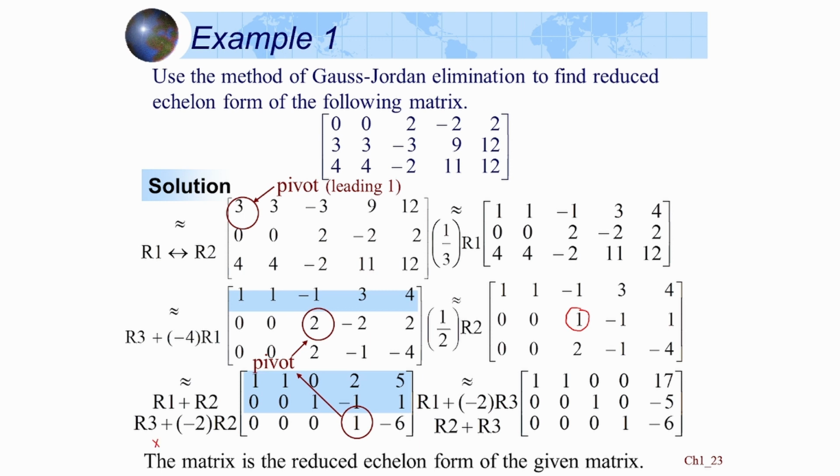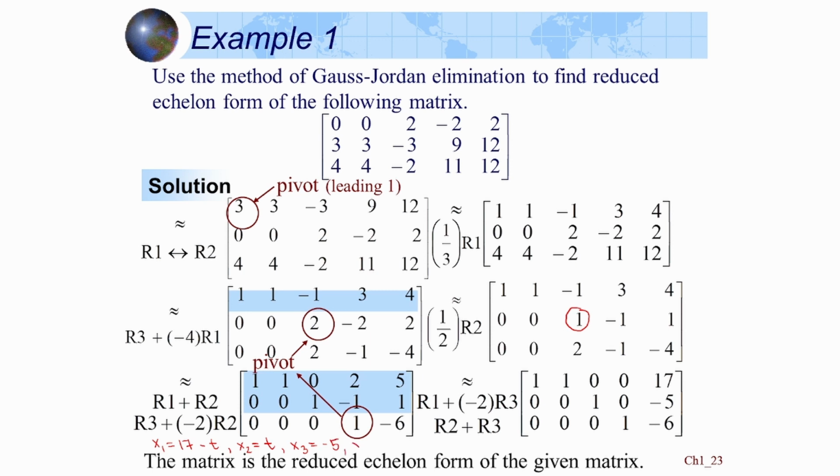x1, this is a basic variable. This is 17 minus t. Let's use parameter t. x2 is t. It is a free variable, it may take any real value. Let it be t. And x3 is minus 5.